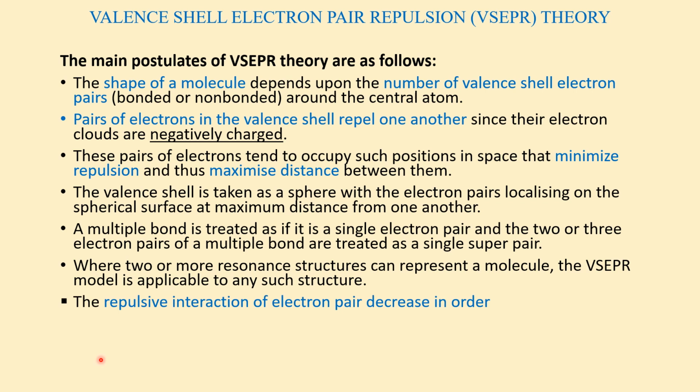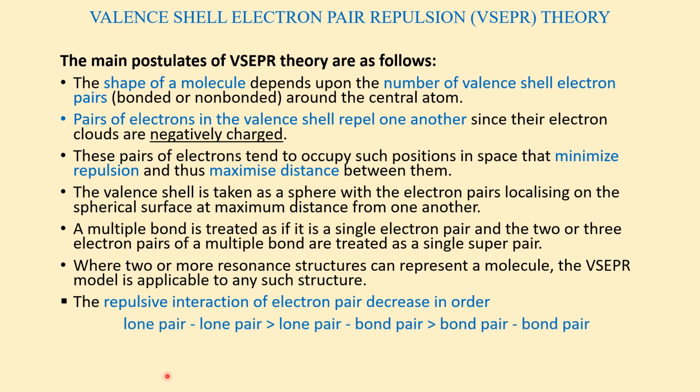The repulsive interaction of electron pairs decreases in the order: lone pair-lone pair repulsion is greater than lone pair-bond pair repulsion, which is greater than bond pair-bond pair repulsion.